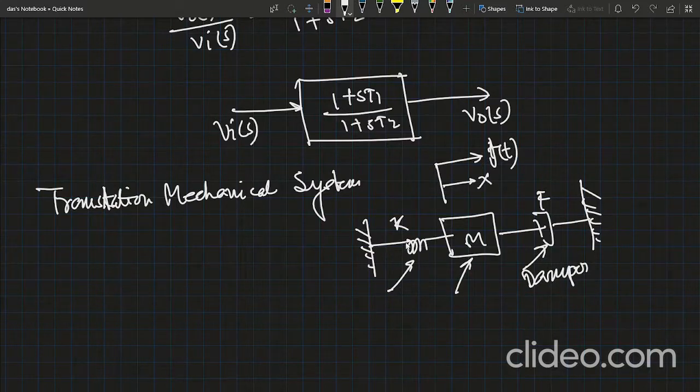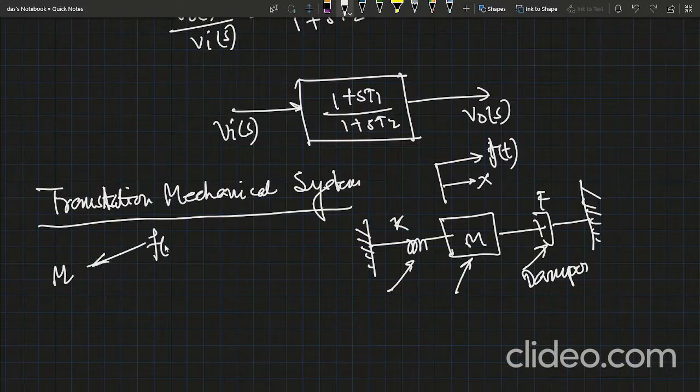The mass of the system is capital M, whose unit is kg. The displacement of the mass due to the applied force, f(t) in newtons, results in an inertia force.